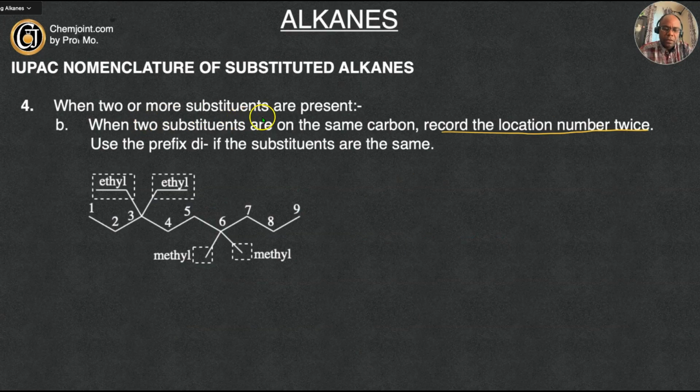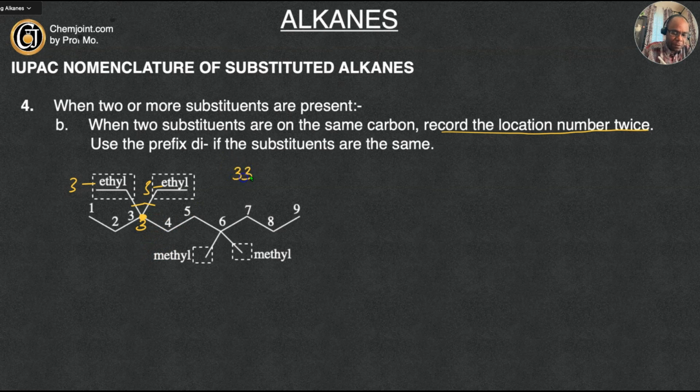When 2 or more substituents are present and they are on the same carbon and they happen to be similar, you want to record that position where they are sharing the carbon. You want to record that number twice, especially when they are identical and they are on the same carbon. In this example, you'll see that that's a 3-ethyl and this is also a 3-ethyl because they are sitting on the same 3rd carbon.